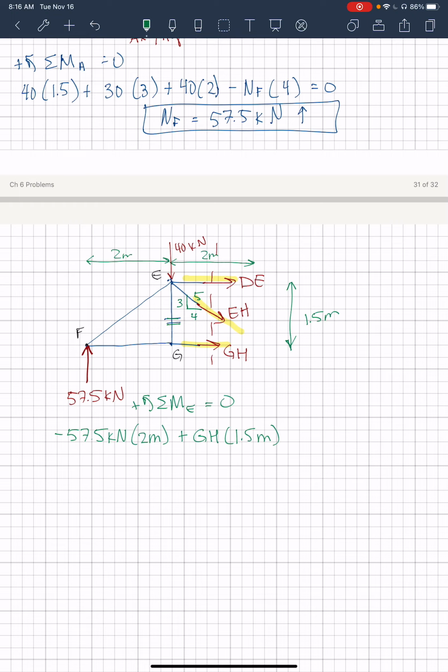The last forces are all at point E, so they wouldn't have a moment arm and wouldn't create a moment. That equals 0. So we get GH equals 76.7 kilonewtons, and I got a positive number, so that means we picked right. It is in tension.